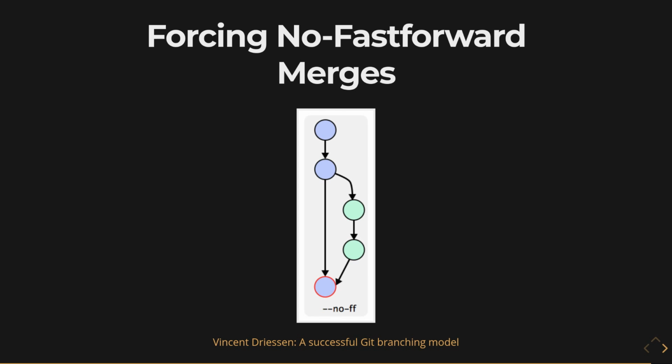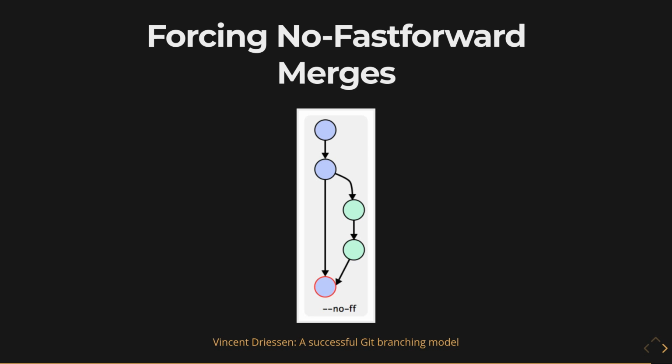So if you look at this situation, you have two commits, presumably on a master branch, and you have two green commits, presumably they were on a feature branch. Now, if master was at the second of those commits from the top, and the feature branch was on the second of the green commits from the top, then you should recognize that as a fast forwardable commit.